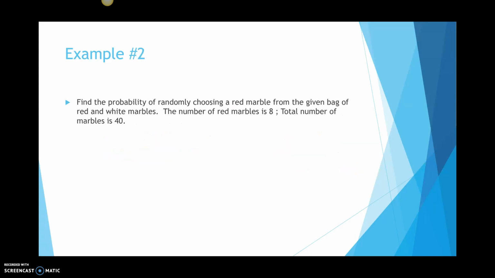The next example, it says, find the probability of randomly choosing a red marble from the given bag of red and white marbles. The number of red marbles is 8 and the total number of marbles is 40. The way we're going to set this up is red marbles over the total amount of marbles.